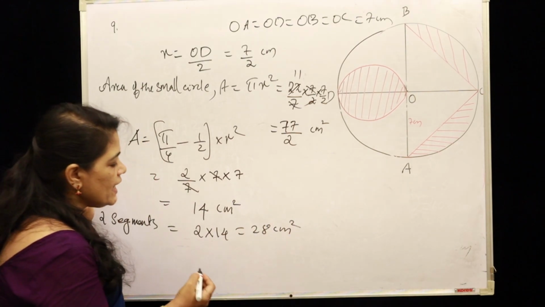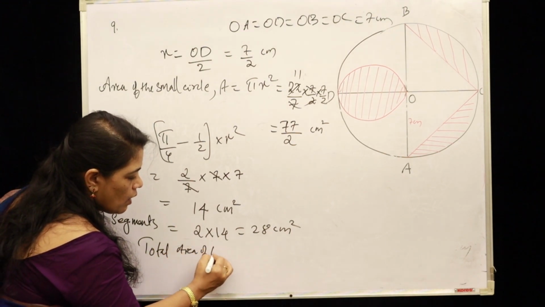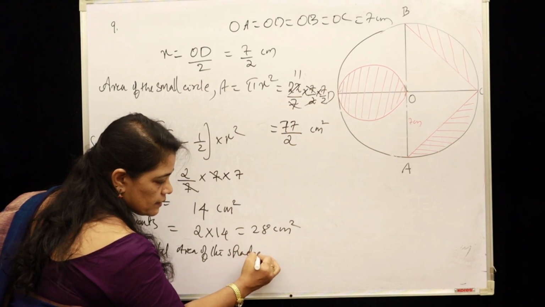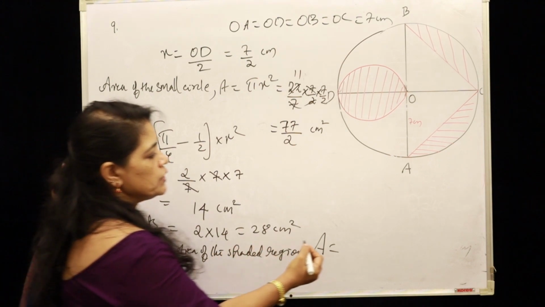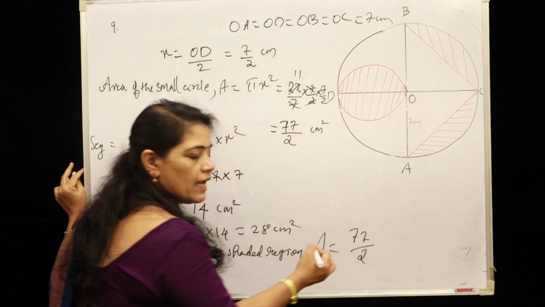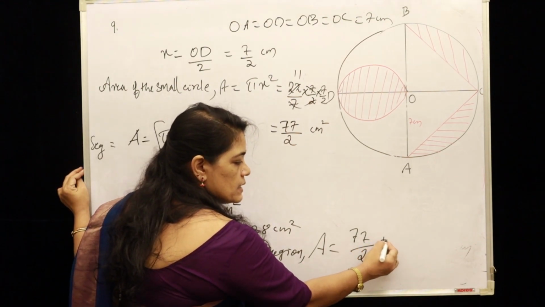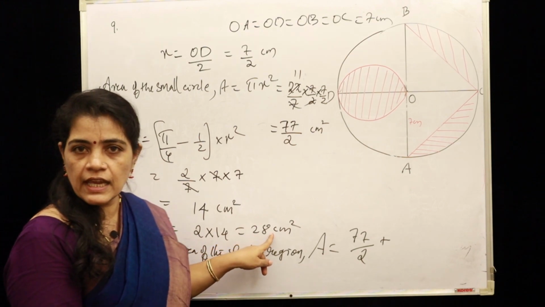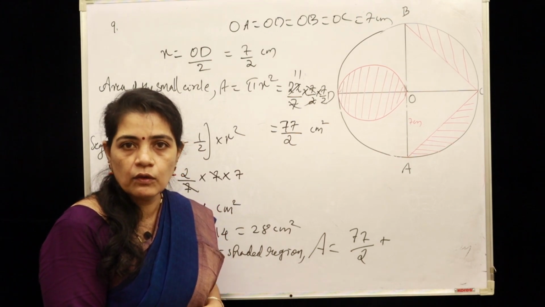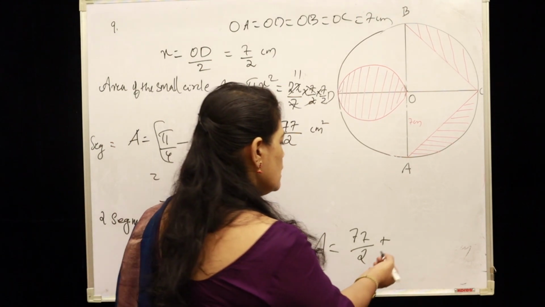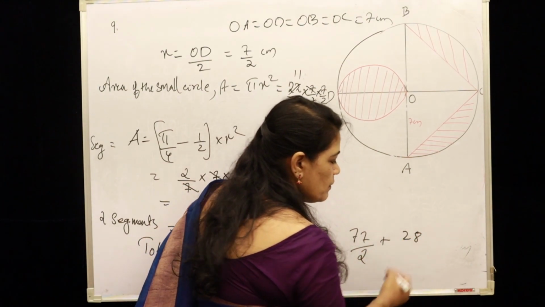Therefore, the total area of the shaded region is equal to 77 by 2, that is the area of the small inner circle with the radius 7 by 2, plus this 28, the area of two segments when theta is equal to 90 degree, because the diameters are perpendicular to each other. That means 90 degree we have calculated, and we have seen 28 for two segments.